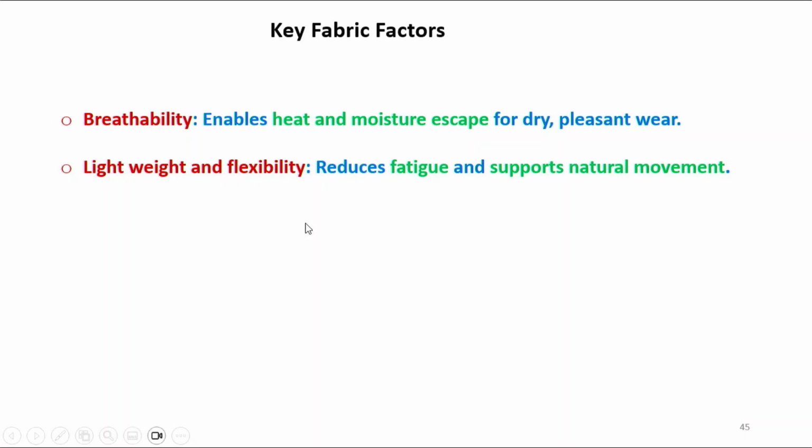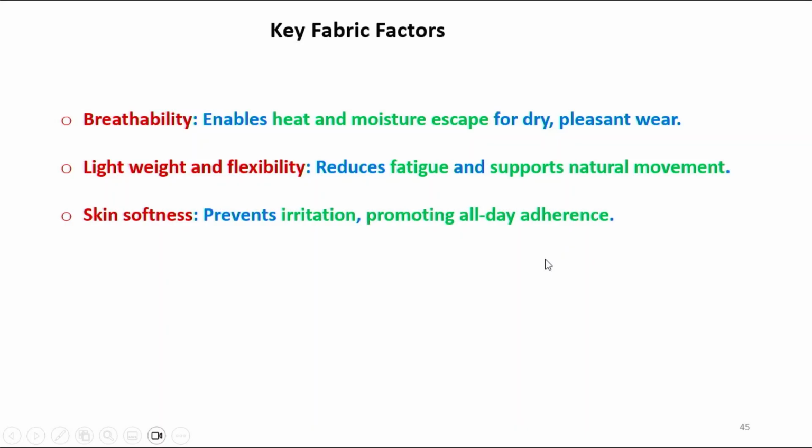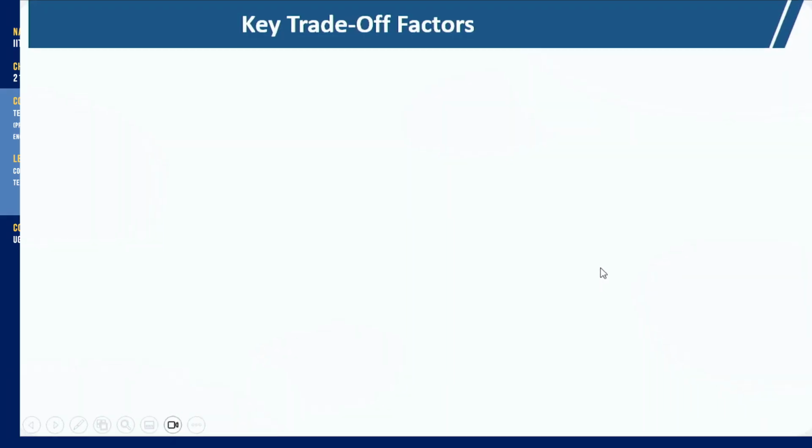Lightweight and flexible: if the protective textile is heavy, the wearer will be fatigued and will not be able to perform naturally. So lightweight and flexible fabric reduces fatigue and supports natural movement. Skin softness prevents irritation and promotes all-day adherence. So the fabric should be soft.